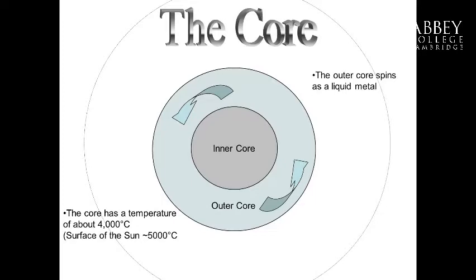So we actually have a liquid metal core, and that liquid iron sloshing around is effectively a big current, lots of moving electrons or ions. And that on its own would not be sufficient to give us a magnet and a magnetic field for the Earth. So we do have to have an inner core that is solid. So there's a liquid outer core and a solid inner core.